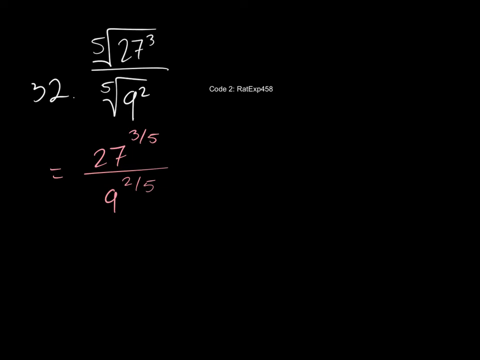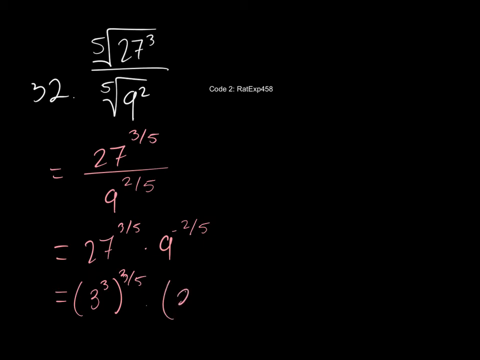I want to bring up that 9 to the 2/5, so it's actually going to be 27 to the 3/5 times 9 to the negative 2/5. And then we can add the exponents if we get the same base. So I'm going to change 27 to a base of 3 cubed to the 3/5 times 3 squared to the negative 2/5.